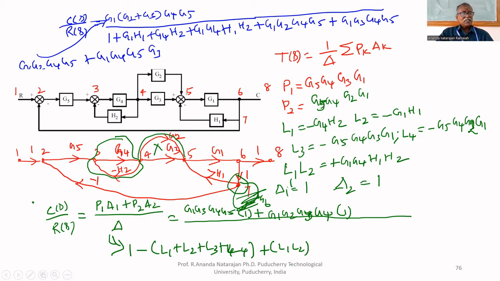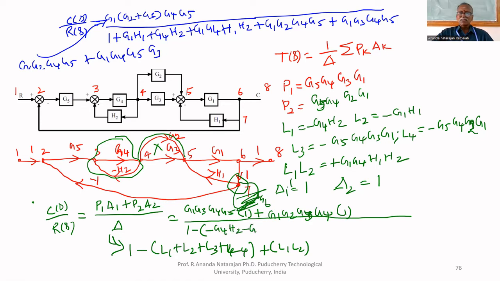1 minus sum of gain products of individual loops plus sum of gain products of two non-touching loops. Only one two non-touching loop, L1, L2. Therefore, delta equal to 1 minus, what is L1? L1 is minus G4 H2.